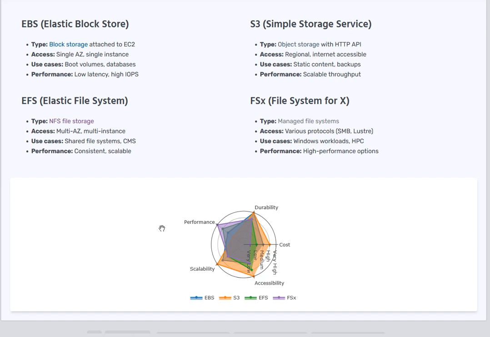If any program needs to access multiple computer instances, EFS comes into action, mainly in Linux. Right? FSx, file system for X: managed file system, various protocols, SMB, cluster, use cases Windows workloads, high performance computing, mainly enterprise level high performance computing options, yes, right?